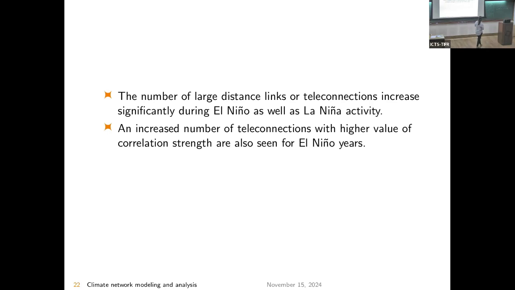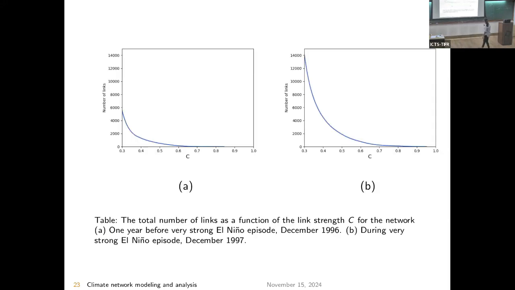So increased number of teleconnections with higher value of correlation are also seen. So you observe many highly correlated links in the El Nino years. The correlation value goes up to 0.9. So this is during the very strong El Nino episode, 1997, and this is the indicator year 1996.